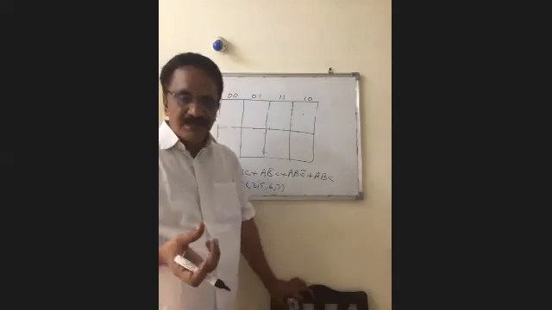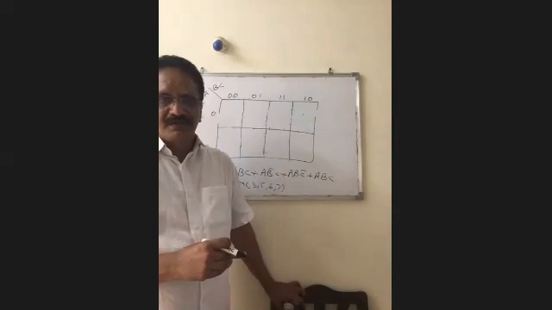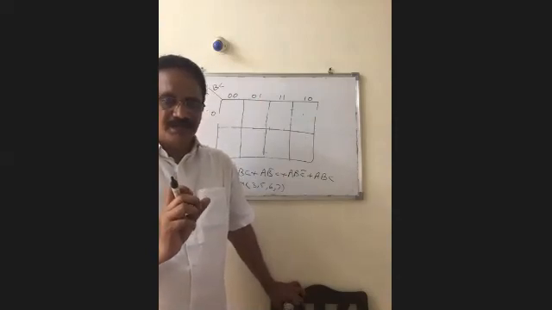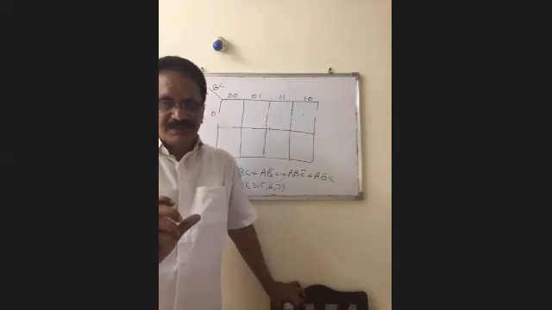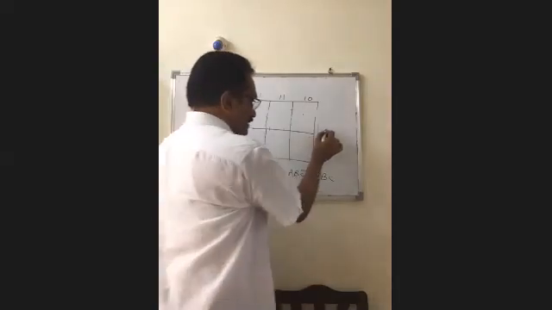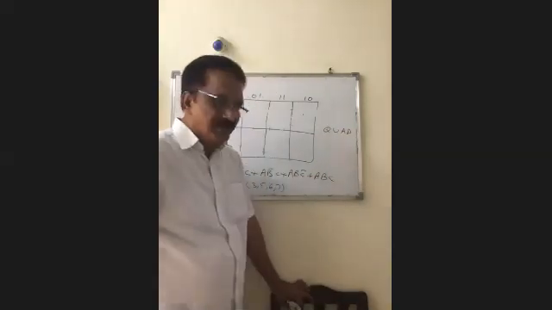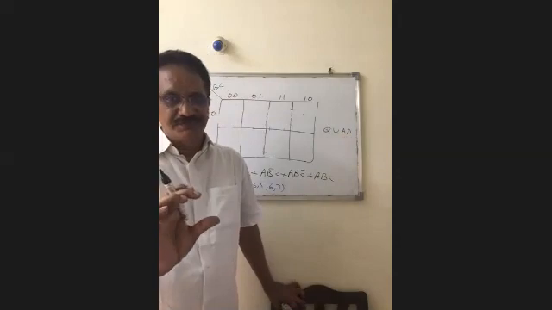Generally, a group of two adjacent ones or zeros is called a pair. A group of four ones or four zeros is called a quad. Quad means a group of four ones or four zeros.